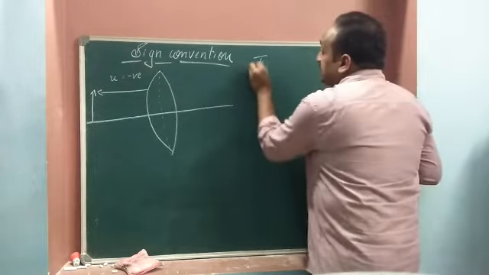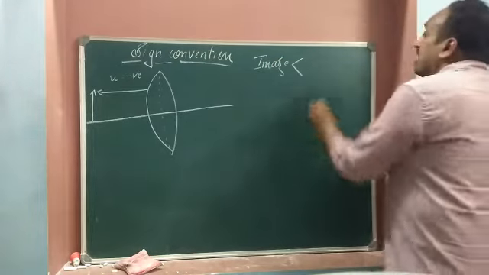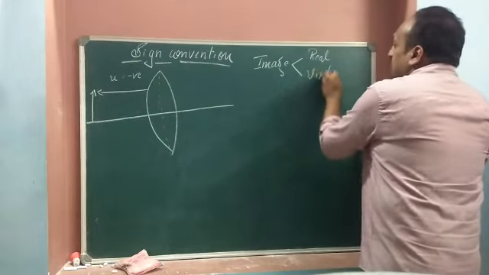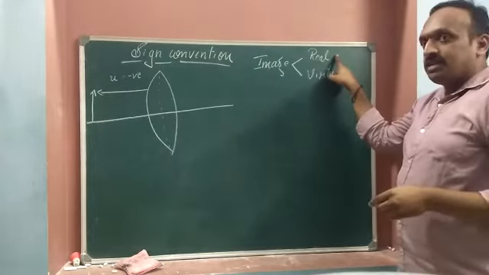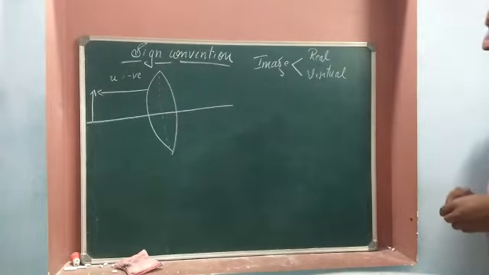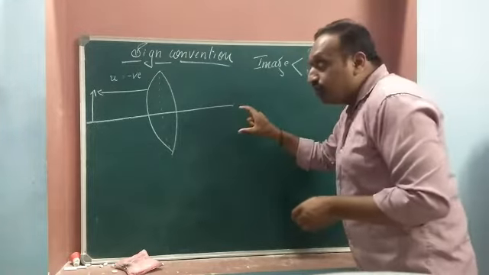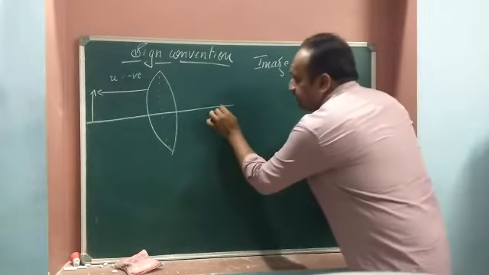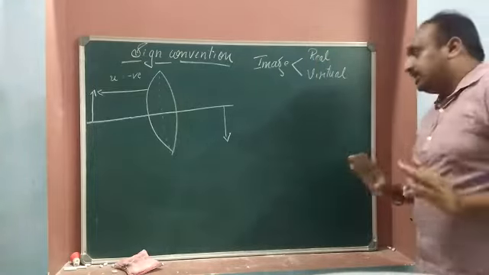So if I say image, there are two types. One is real image, another one is virtual image. The image that can be caught on a screen is the real image, and the image that cannot be caught on a screen is the virtual image. All real images will form on the other side of the lens like this, and all real images are inverted.